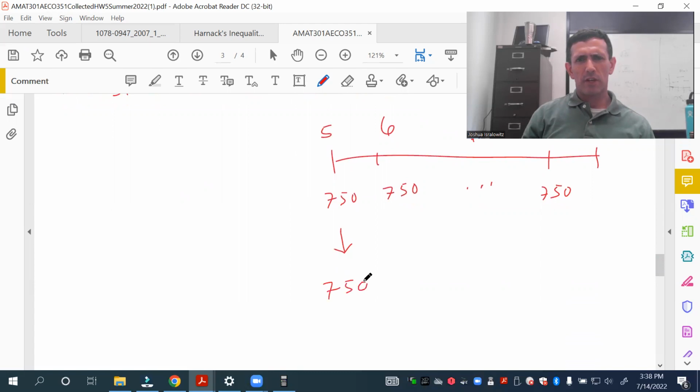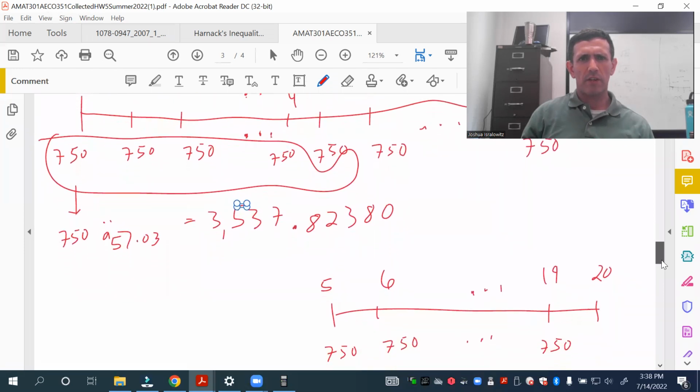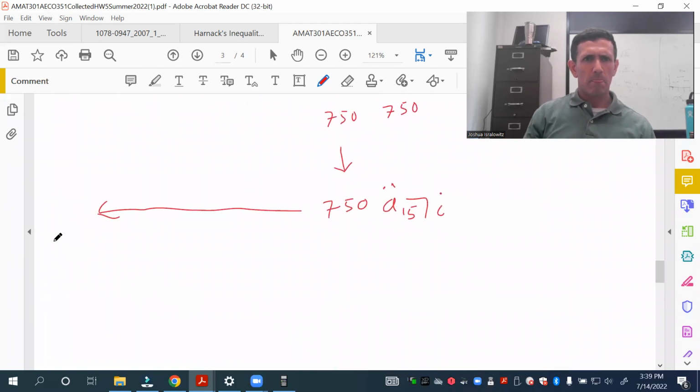So it's 750 A double dot 15 I. Well, I have to discount it by 5 years, because I want the present value at t equals 0. So it's going to be 750 A double dot 15 I times, with interest at 3%, 1 over 1.03 to the 5.